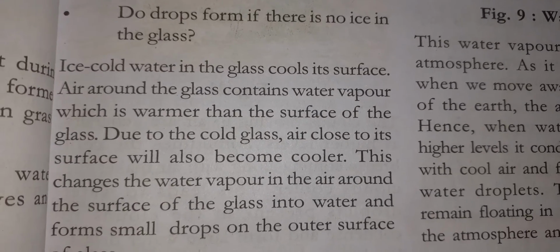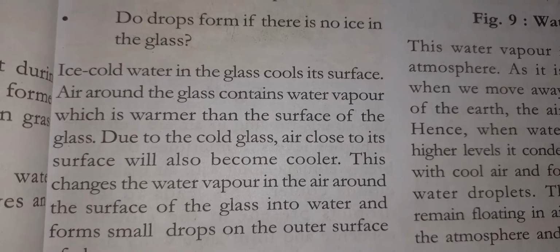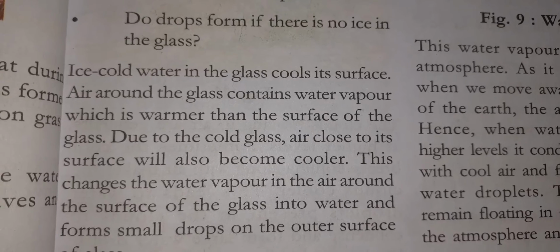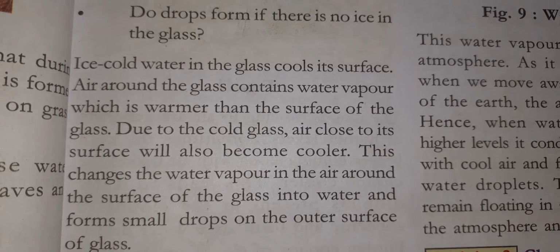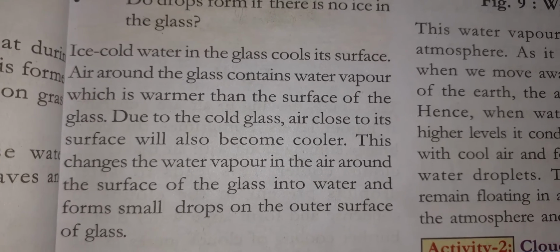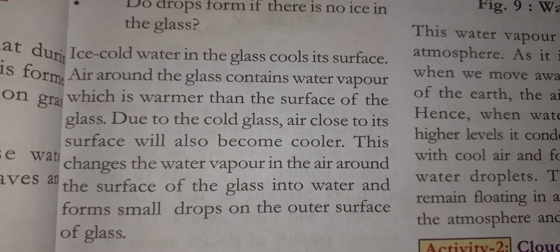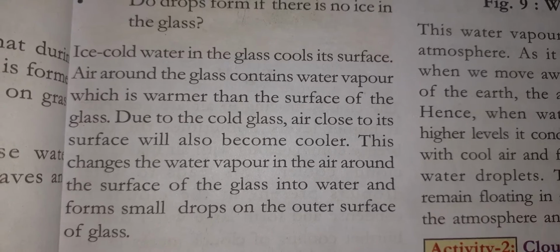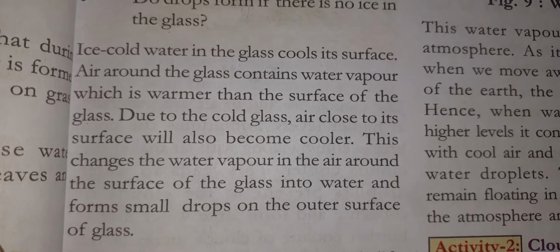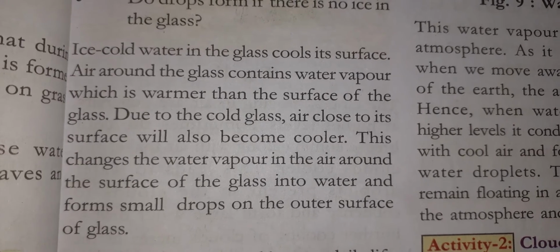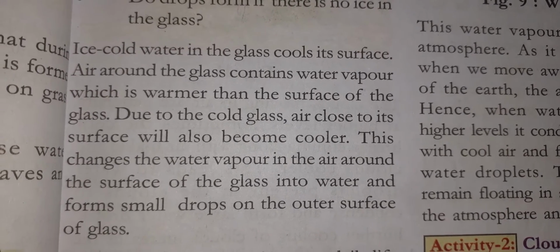So students, ice cold water in the glass cools its surface. The ice present in the glass cools the surface, and the air surrounding the glass contains water vapor which is warmer than the surface of the glass. So students, due to the cold glass, air close to its surface will also become cooler.